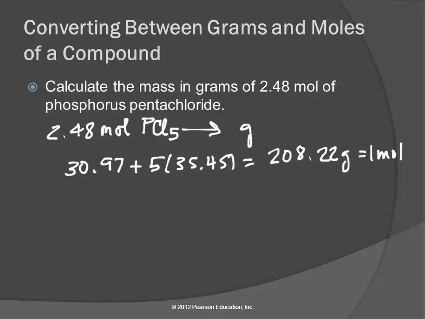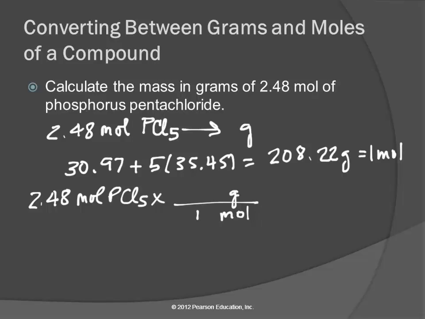That's the molar mass. So then we go 2.48 moles of phosphorus pentachloride. We're going to multiply by grams and divide by moles, because that's what the units tell us to do. 1 mole equals 208.22 grams of phosphorus pentachloride.